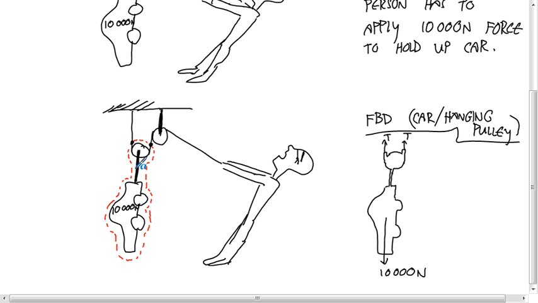Under here? Well, this is a different cable. It's not connected to the cable that he's pulling on. But you would just see that would end up just sort of boring. That would tell you that this is applying a 10,000 Newton force up.